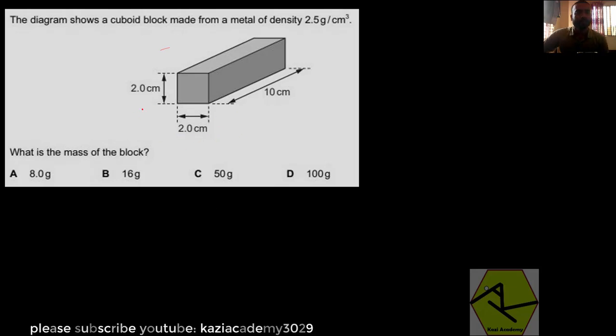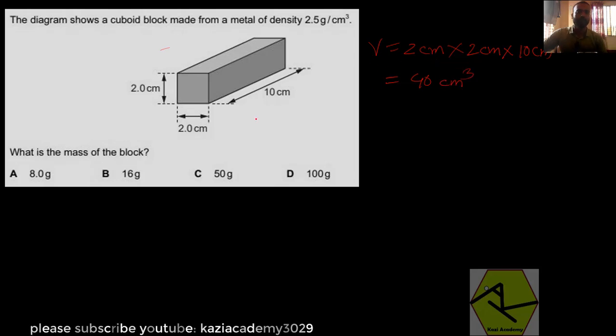This is another problem. The diagram shows a cuboid block made from a metal of density 2.5 gram per cubic centimeter. So as we know, volume V equals just multiply these three dimensions, 2 centimeter times 2 centimeter times 10 centimeter, then 2 into 2 is 4, and 4 times 10 is 40 cubic centimeter.